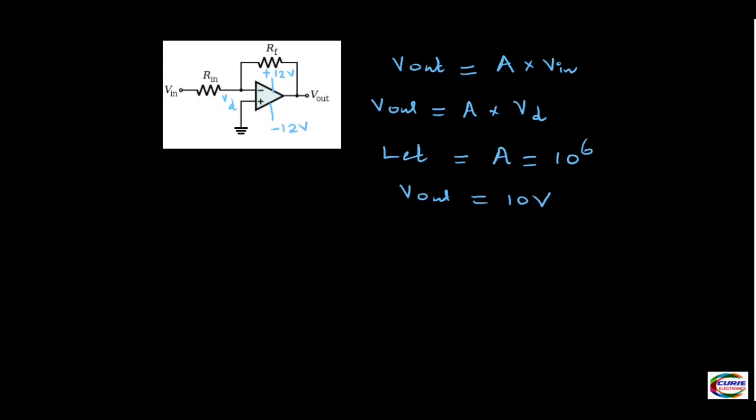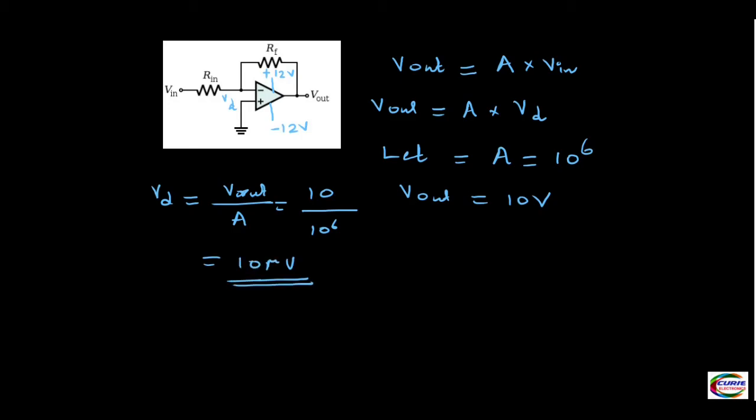Now we know the output voltage and the gain, and we will find out what is VD. What is VD? That is the input differential voltage. That is V out upon gain, that is 10 upon 10 to the power 6. This comes to 10 microvolt.